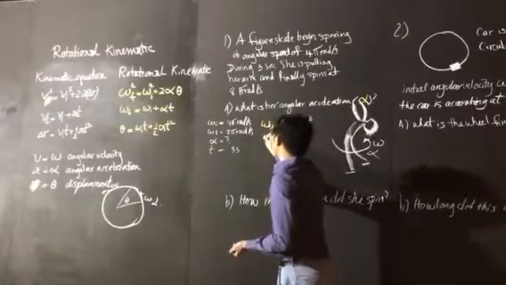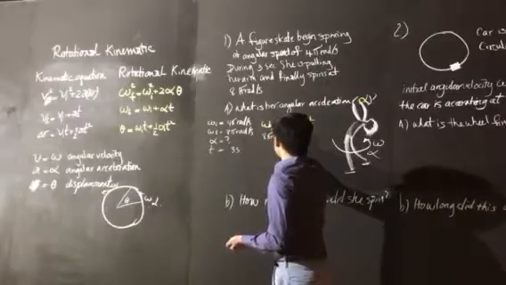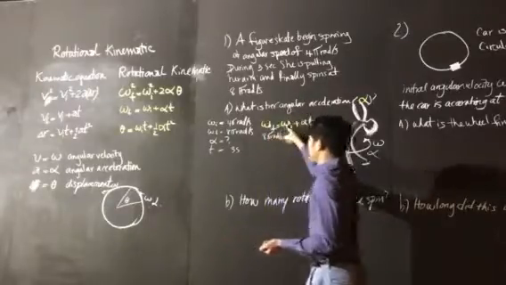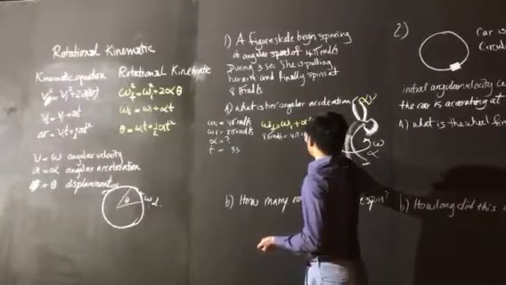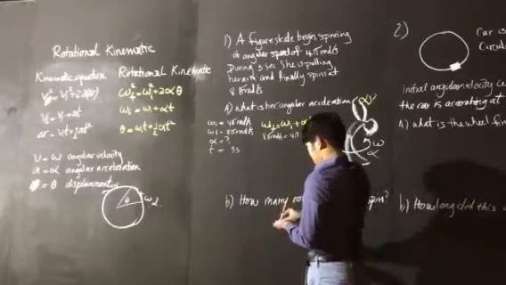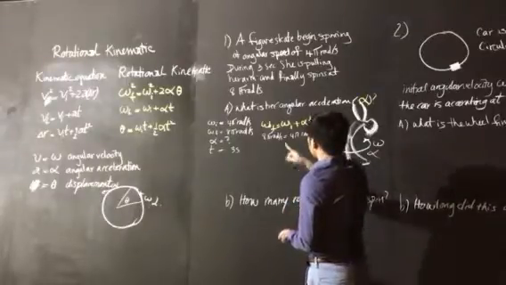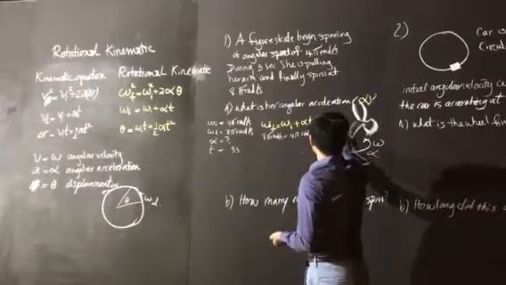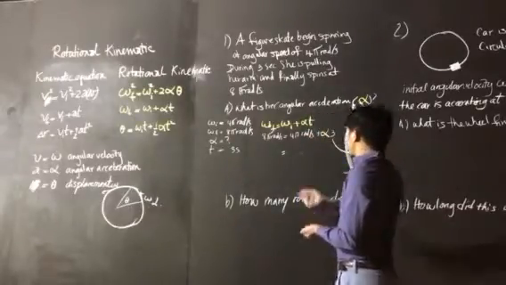So what do we know? The final velocity is 8 pi radians per second. The initial velocity is 4 pi radians per second, plus this term. Do we know the time? 3 seconds. Now I'm solving for this one.